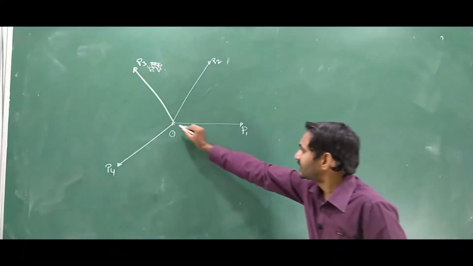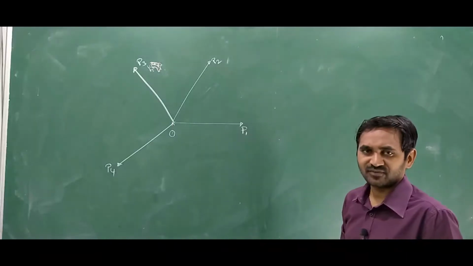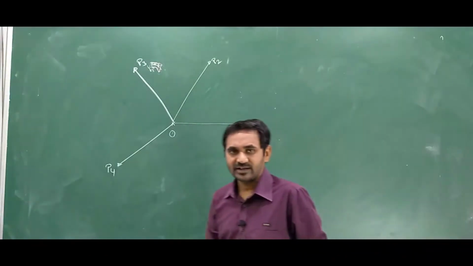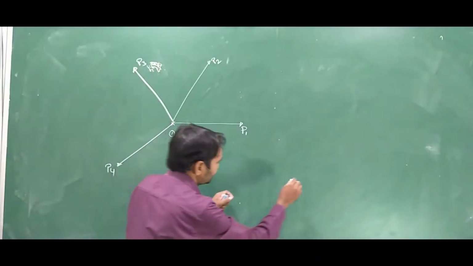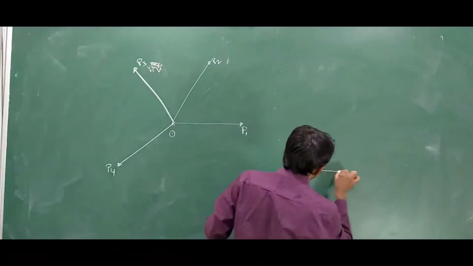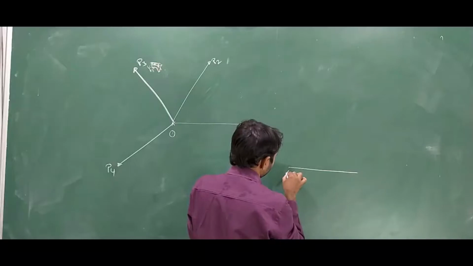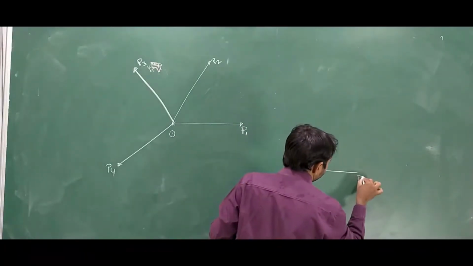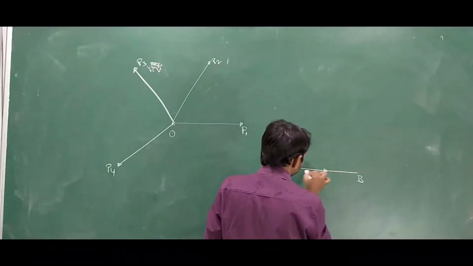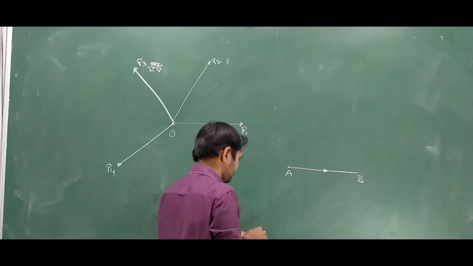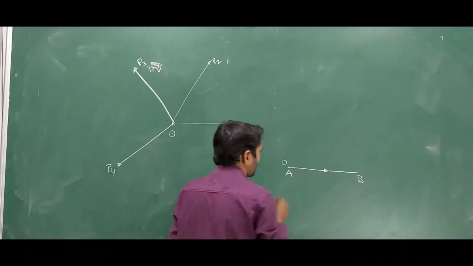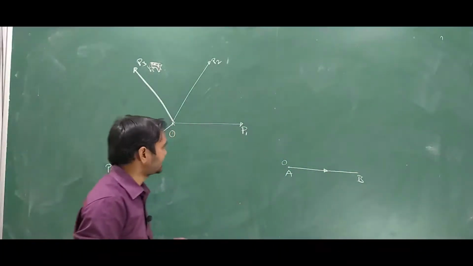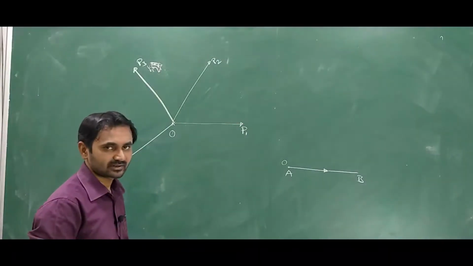Now here OP is the first force which is acting in this direction. So let me tell you, here let this point be A and B, in this direction. So this is the O point, and here AB is acting in this direction.